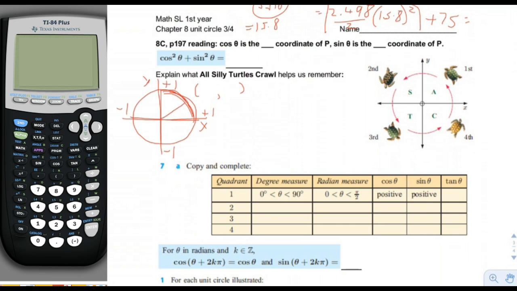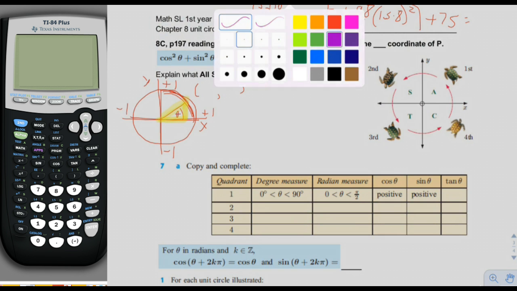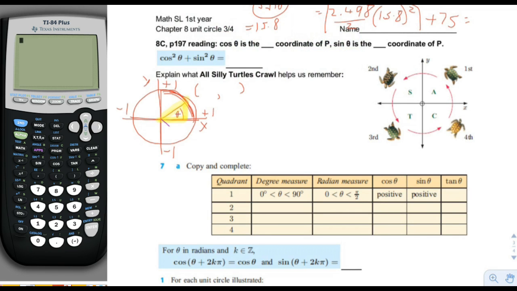So if we have an angle theta here, we can actually use this triangle here, this theta triangle, to find these coordinates, because if you can see, this side of the triangle is the x coordinate, right? And then this side of the triangle is the y coordinate.